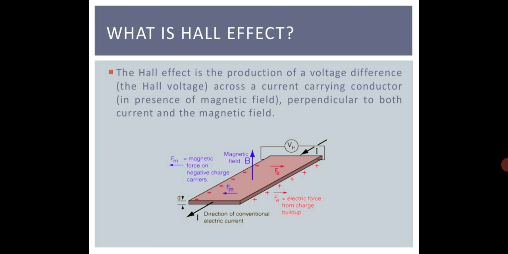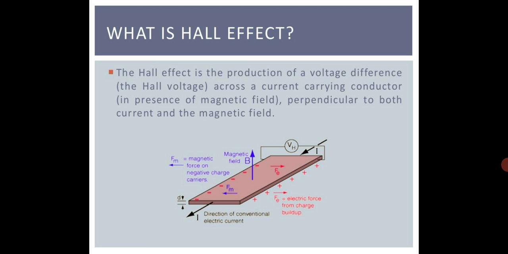I again repeat, when we see in the figure, when current is flowing through a conductor and we are applying magnetic field perpendicular to it, in the direction of arrow B, the Hall voltage is generated, that is the positive signs and negative signs perpendicular to both.